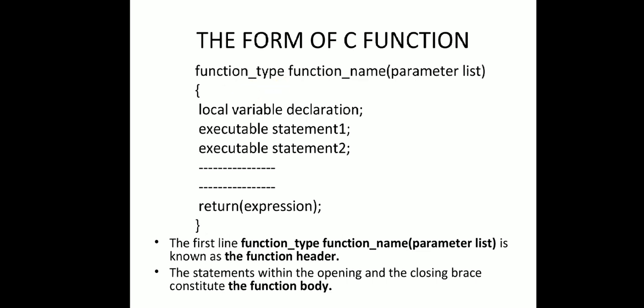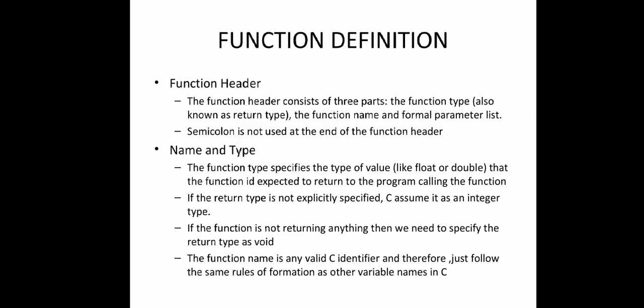So for example, if I return number 2, then my function should have been defined as int, because the data type I am returning is integer, right? Because 2 is integer data type. That's why my function type should be of integer. Understood? I cannot have float as my function type or return type.